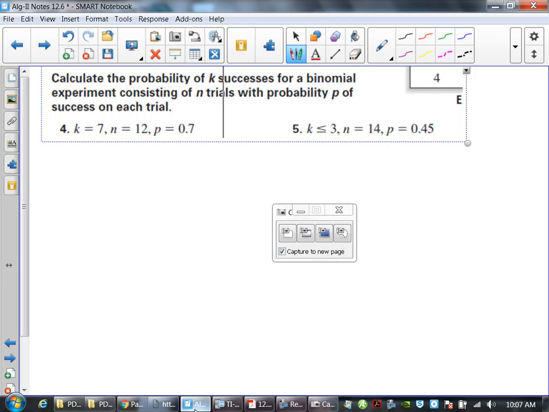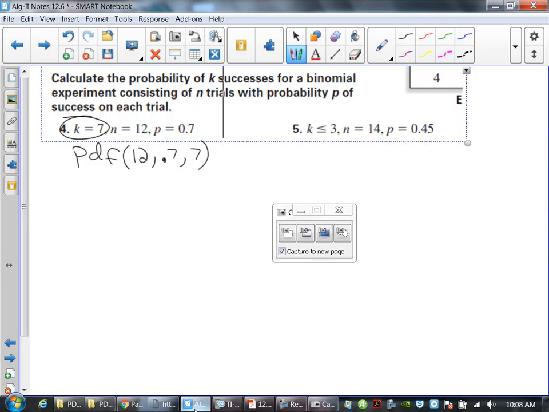Is that going to be a PDF or a CDF problem? It's a PDF problem because it just equals 1 specific value. So in my calculator, it's going to be the binom PDF. What goes first? N, which is 12, comma, 0.7, comma, 7. Gives you my answer.